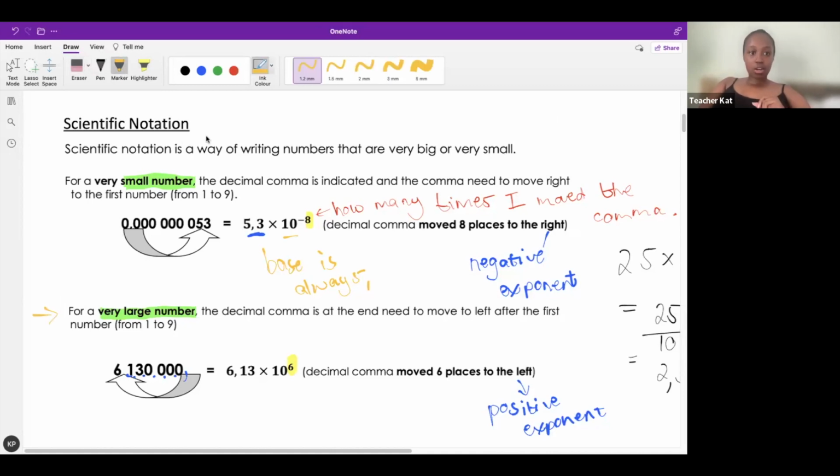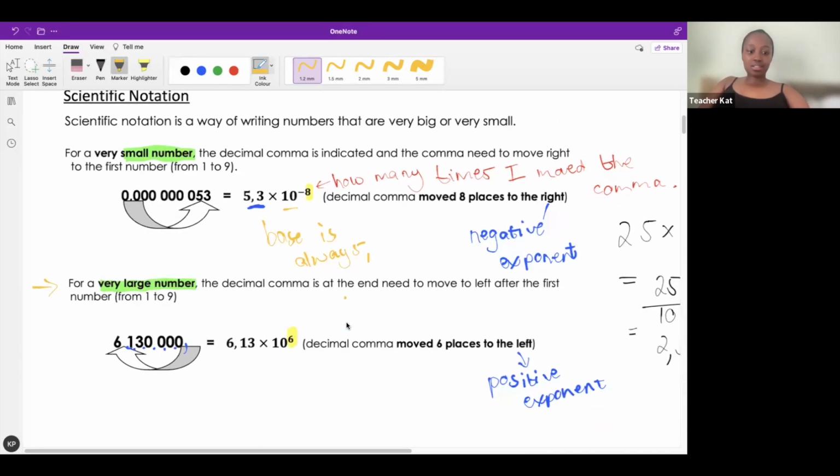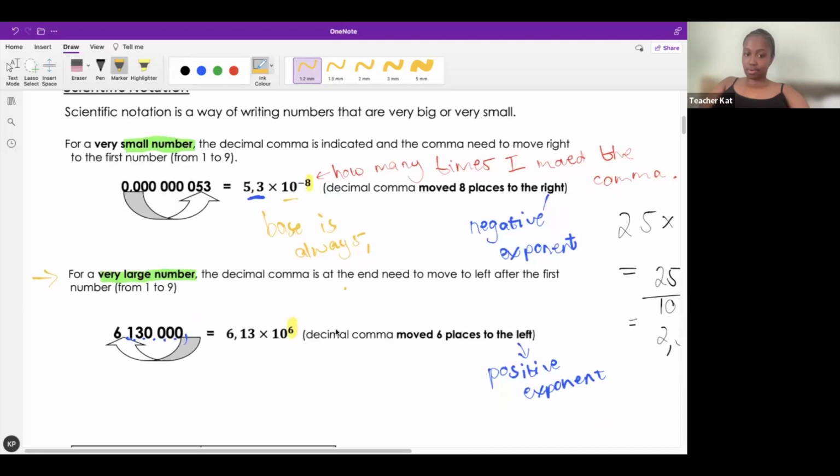Yes. Okay, listen here, Tebogo. When I write scientific notation, that exponent will tell you where I am moving my comma. Are you with me? Yes. So if I have 2,5 times 10 to the power of, let's say, 4, that means it's 2,5 times 1 with how many zeros?